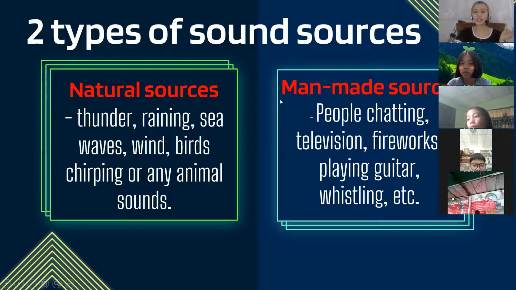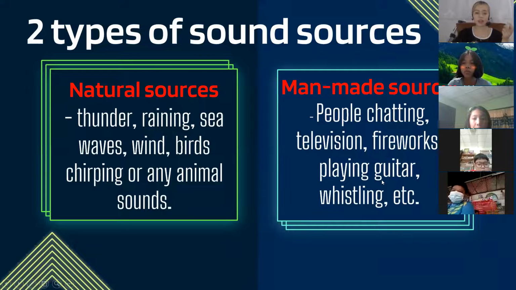For an example of man-made sources, there is me. Now I am talking. The sound that I make, I am the sound source. And the sound that I make is a man-made sound. Next, we have television. What is television? I know that you know what television means.